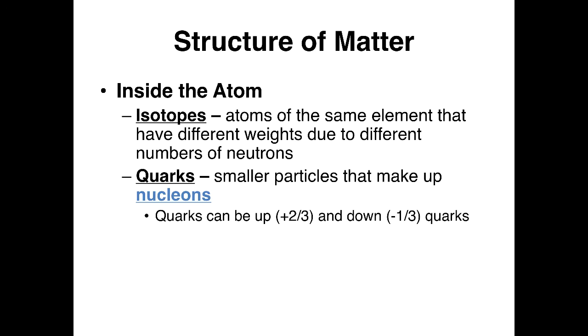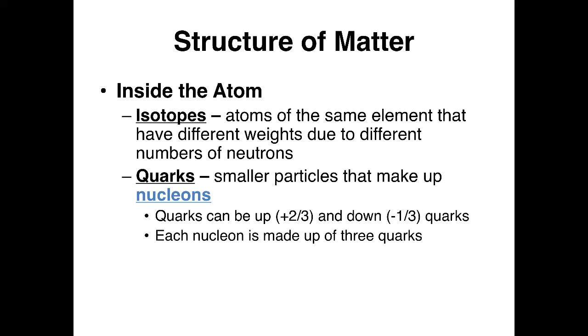A quark can be positive 2/3 up and minus 1/3 down. And so you have two kinds of quarks. That is, there's one quark that's positive 2/3, and it's called up, and another quark that's minus 1/3 down. And the combination of these various quarks tell you whether you have a neutron or a proton.